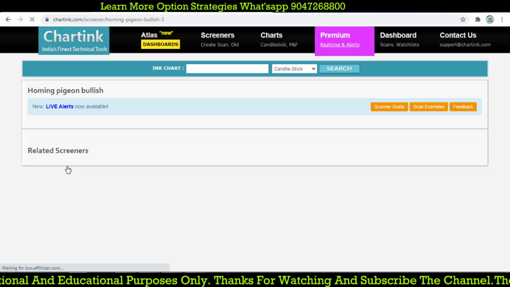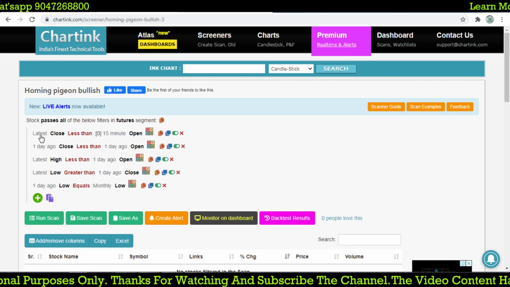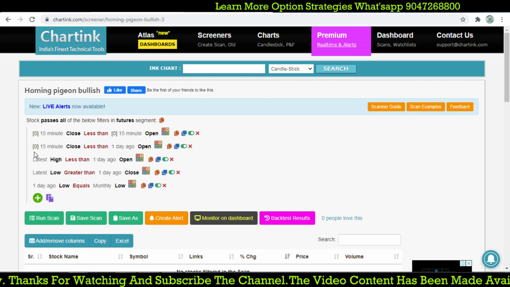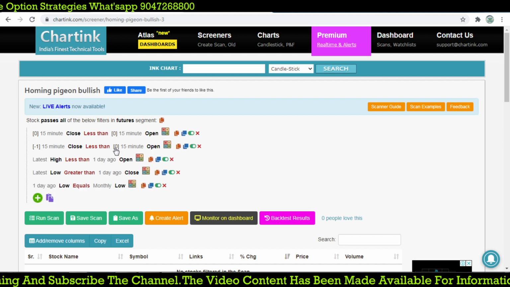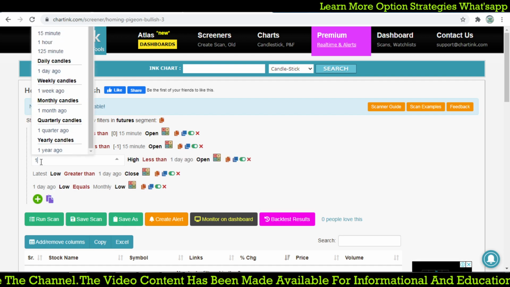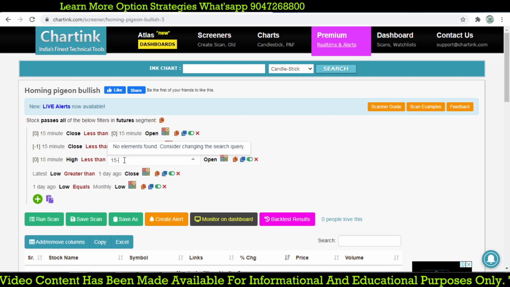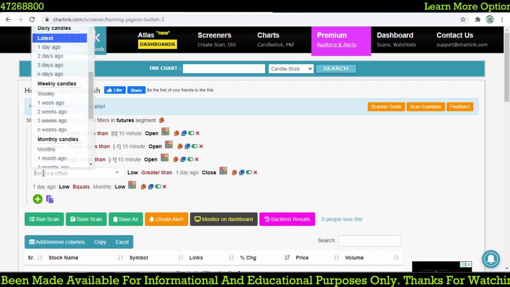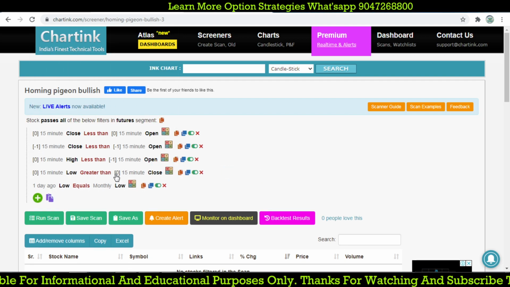Created on daily and 15 minutes, the -1, the latest 15 minutes current candle and the 15 minutes -1 candle.